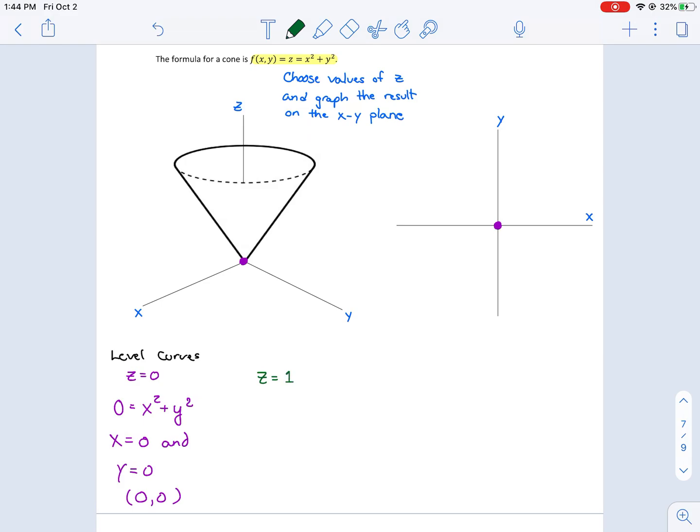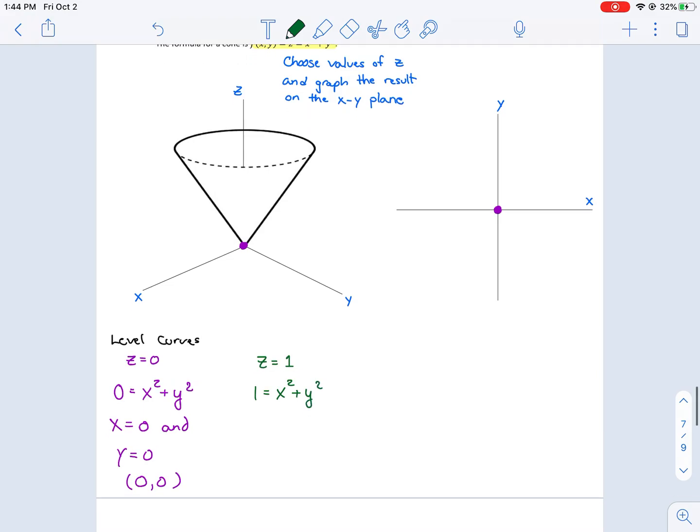Next, I'm going to let z equal 1. So now that's 1 is equal to x squared plus y squared. Now, we could go ahead and solve this equation for y and graph the results. However, this is the equation of a circle whose radius is 1. So this is a circle with radius 1.